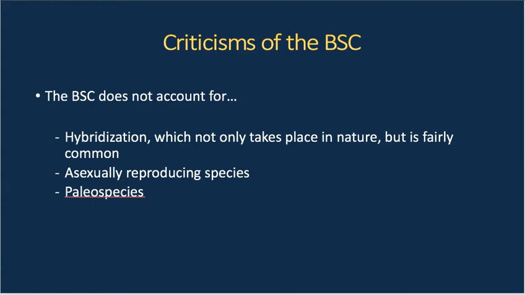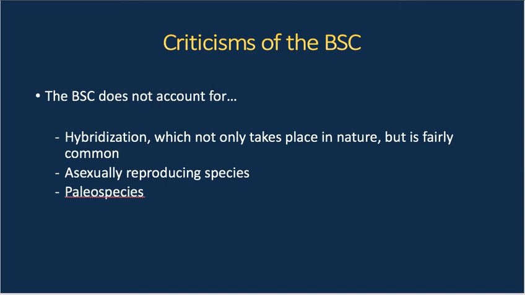The second item, asexually reproducing species. What this means is species that reproduce asexually, meaning there is no sexual reproduction. So if you're depending upon the ability to interbreed as part of your definition, you really can't apply that to any asexually reproducing species. And there are lots of asexually reproducing species in nature. Basically, these are cases in which you have offspring that are arising from a single organism.